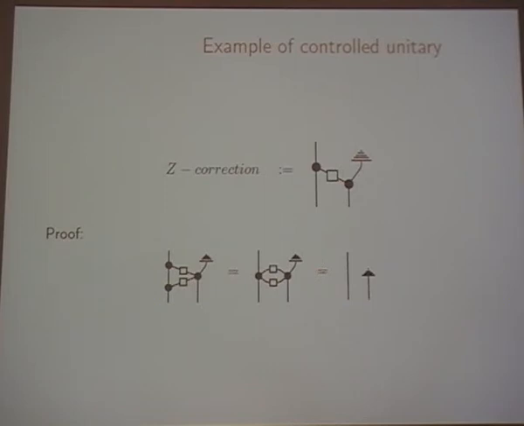So an example of such a controlled unitary is this one, which in the interpretation that we have is nothing but a Z correction. Here we have an input, let's say 0 or 1. If the input is 0, then we do nothing. If the input is 1, then we apply Z. And to prove abstractly that this is a controlled unitary, we can prove this.